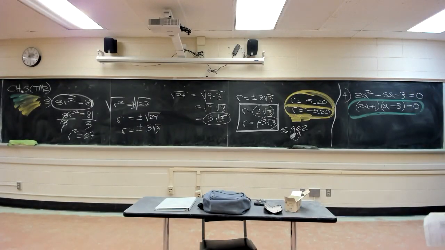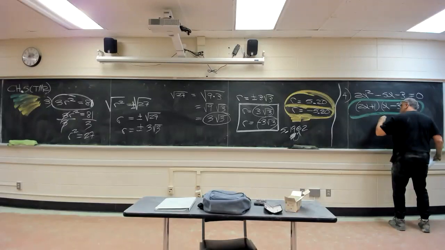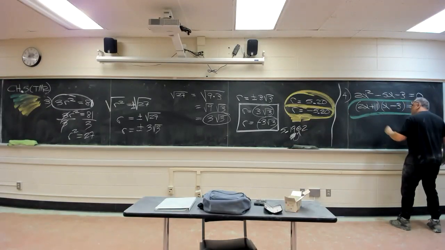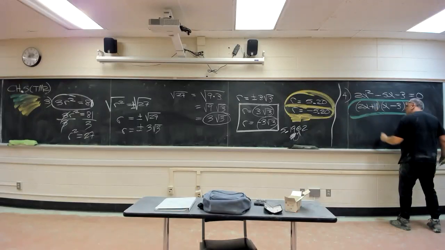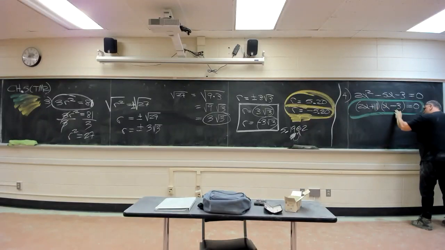Try to correct them. Well, here's the big thing about factorization, guys: 0 times anything is 0. Anything times 0 is still 0.